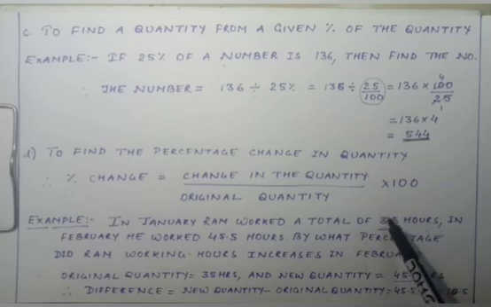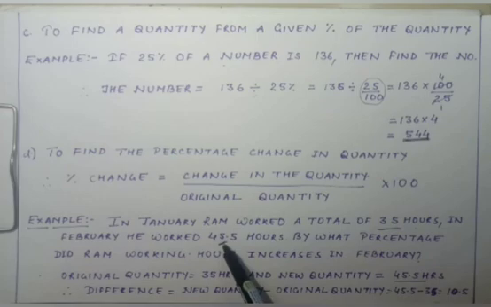This is the original quantity and this one is the new quantity. So which one is bigger? The new quantity is bigger than the original quantity. So I am going to find the difference of new quantity and original quantity. That is 45.5 minus 35, that is 10.5.